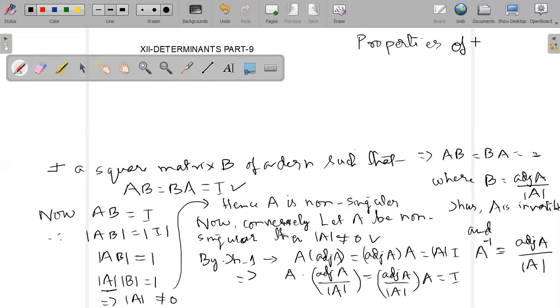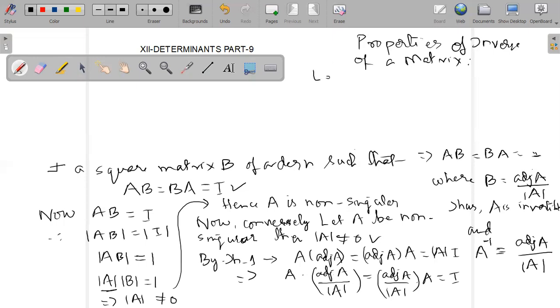of inverse of a matrix. Inverse of the inverse is a matrix itself. You can write A and B be two invertible matrices. Then you can start properties.